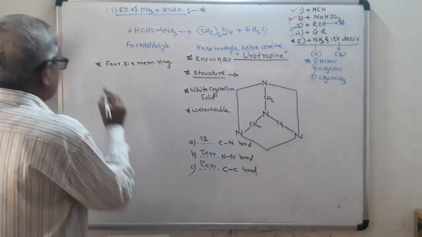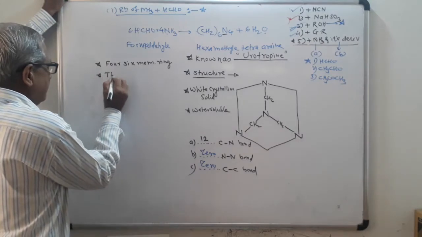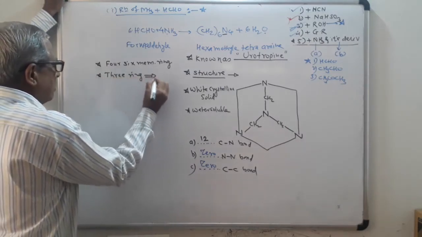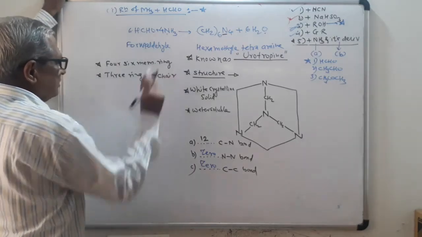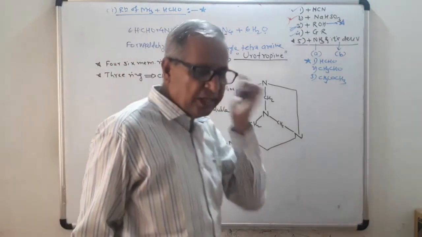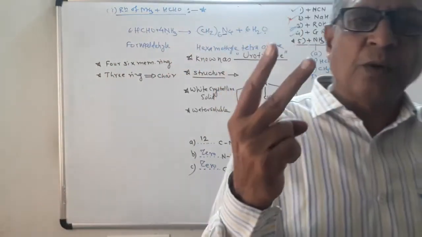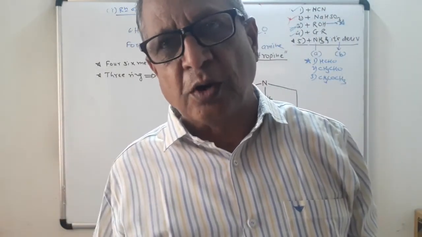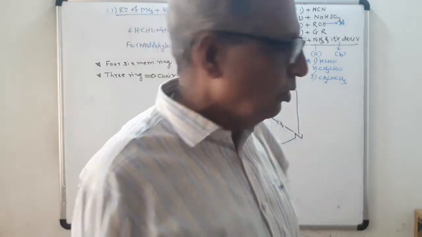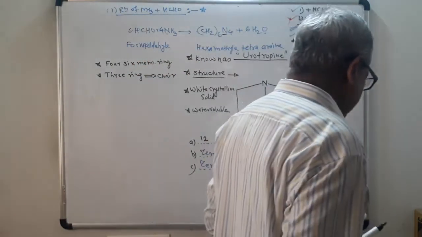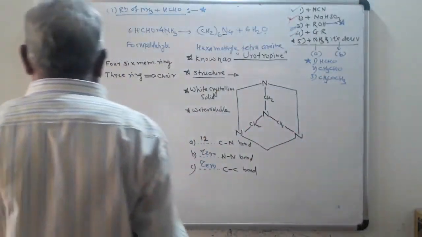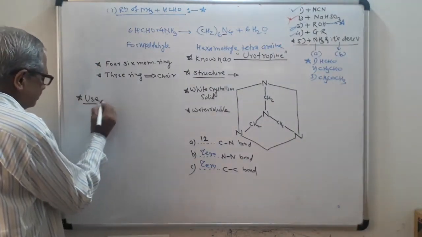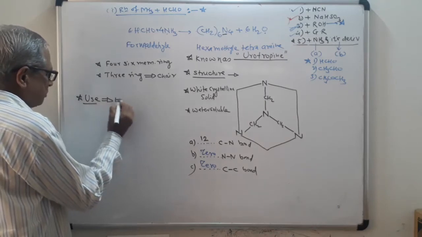Out of these 4 6-membered rings, 3 rings are in the chair conformation. You know that cyclohexane shows 2 conformations. One is chair, another is boat. Chair conformation is more stable than the boat conformation. So these are the important questions. Then next question, what is the use of urotropine? It is used in explosives.